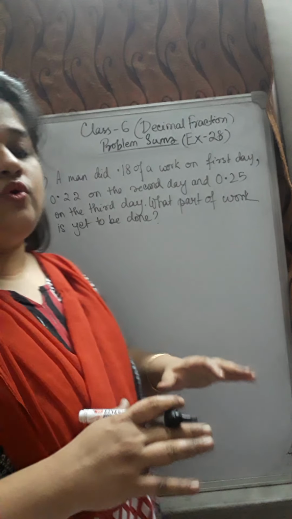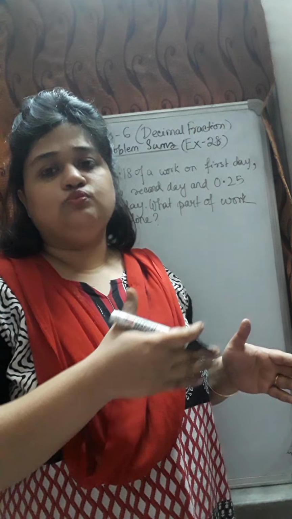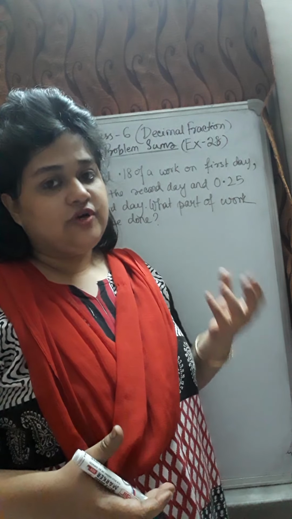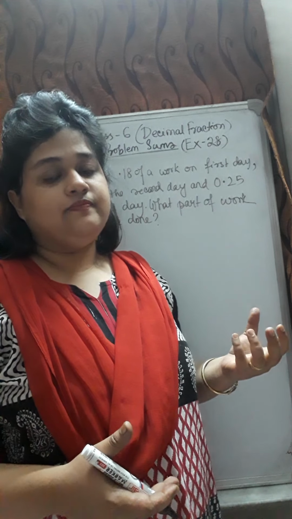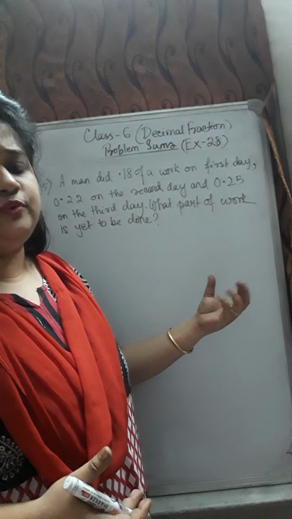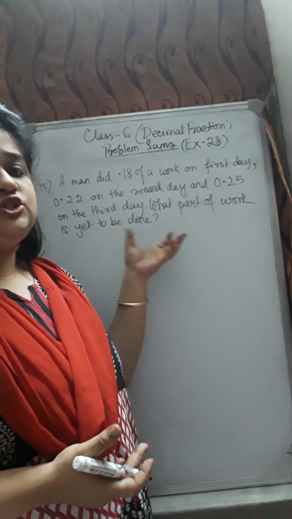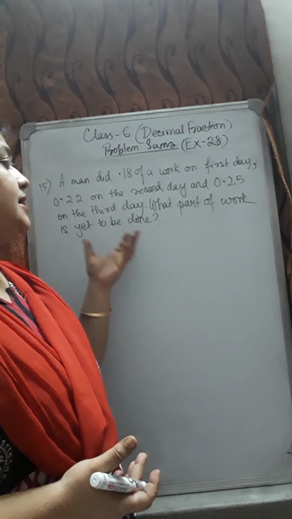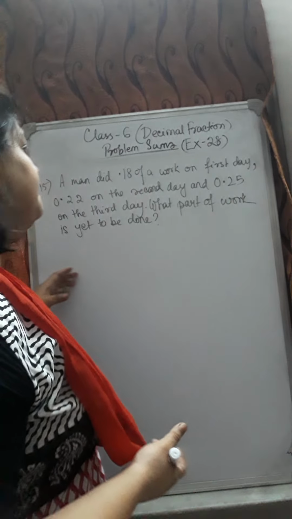The entire work is done by the man, but it is divided into small portions. On the first day he does some portion, on the second day some, and on another day some portion. At the end the question is how much part of the work is yet to be done. That means it is still left to complete.